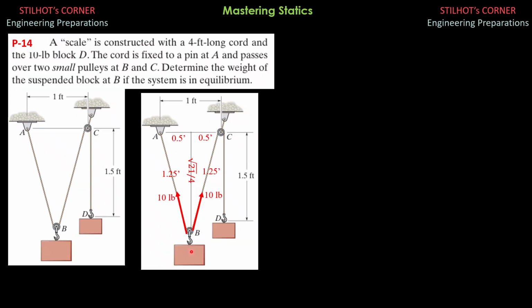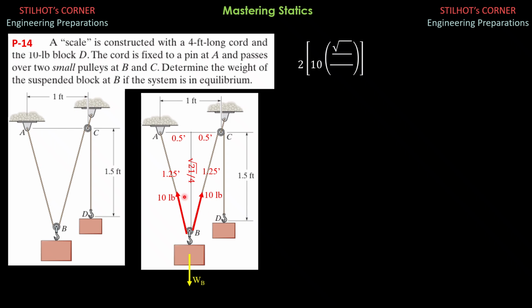Then the weight of B is WB. So from the figure, the vertical component of 10 pounds times 2 must be equal to WB. So the vertical component of 10 pounds is 10 times square root of 21 over 4 divided by 1.25, so cosine of this angle, then times 2.